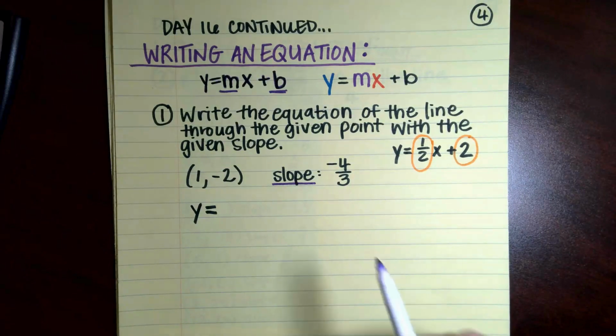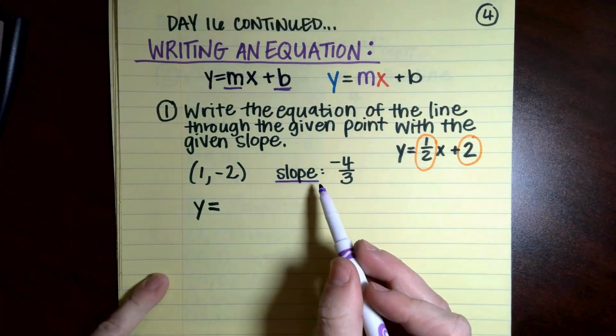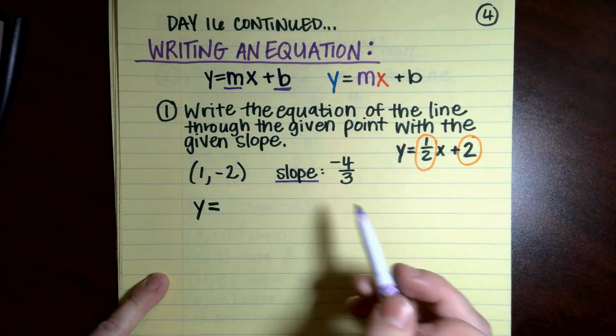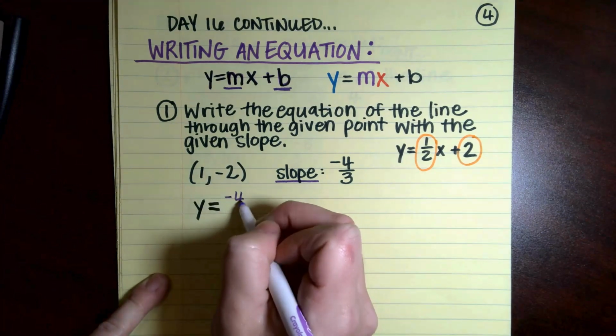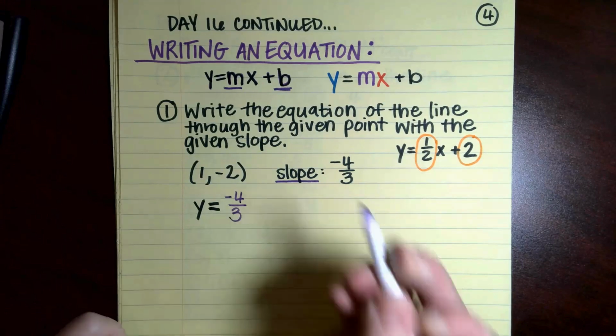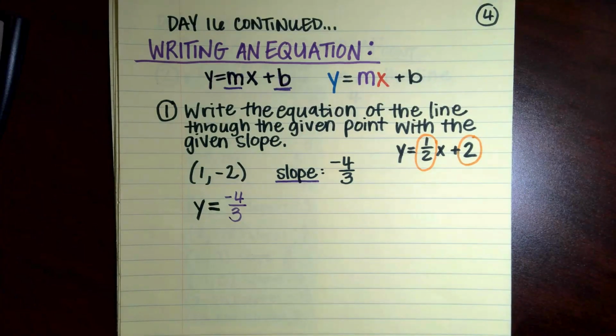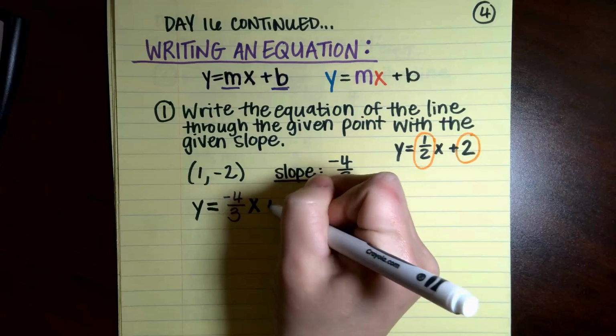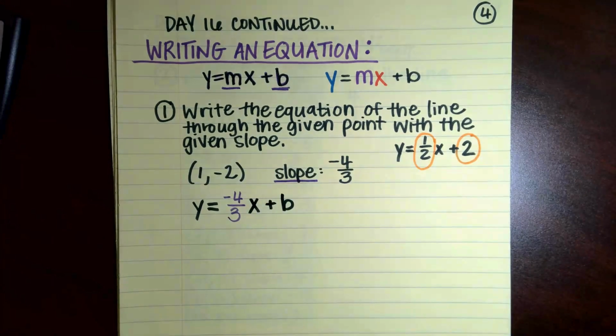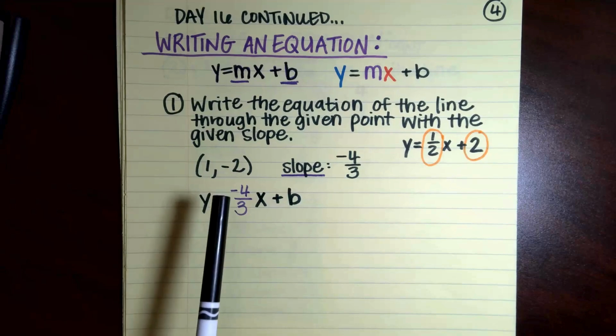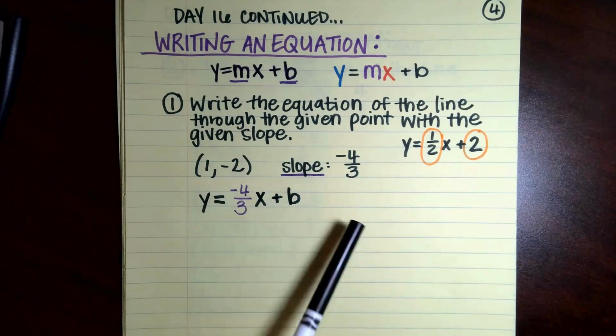I try to keep it somewhat consistent. So for my slope, I'm going to put -4 over 3 x plus b. Okay, we are one step closer already to having our equation written out. We have y equals -4/3 x plus b.